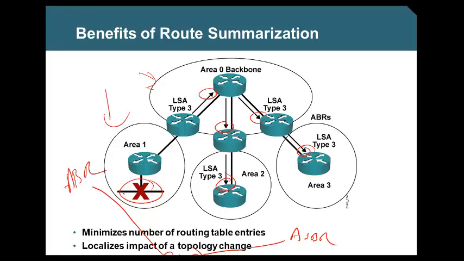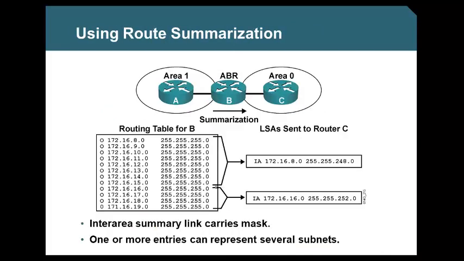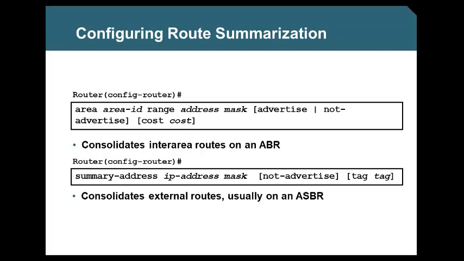This is the command for ABR summarization, area ID range, whereas for ASBR, the command is different. You understood? Don't worry about the commands and all. But one thing you should be very clear about is that there are two types of summarization and the commands are not the same. Both are configured under OSPF, but commands are not the same. That's the point that you should take away from this chapter. We'll come to this chapter after some time. Let's go back to the previous chapter.